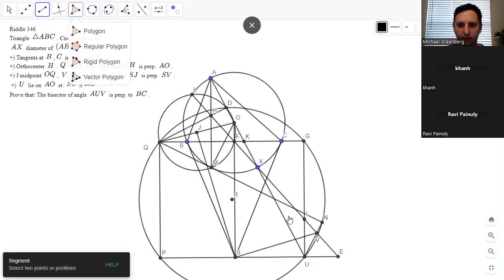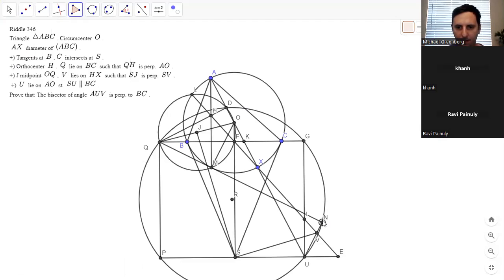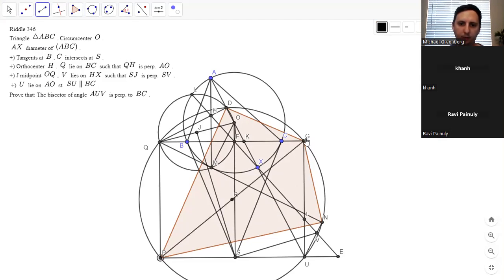So let me draw that: G, D, P. We want to show that that is harmonic. But wait, G is the antipode of P because it's a rectangle.